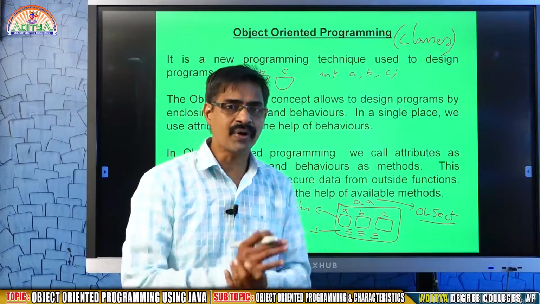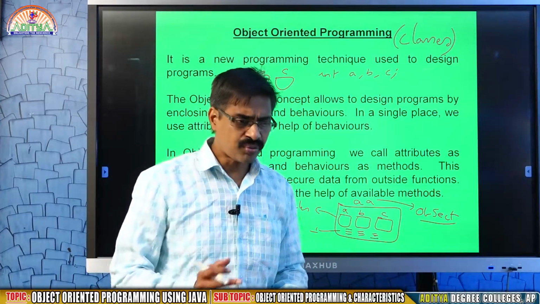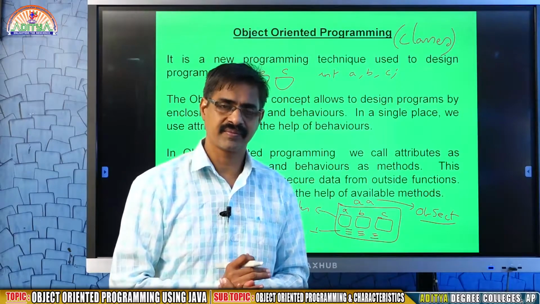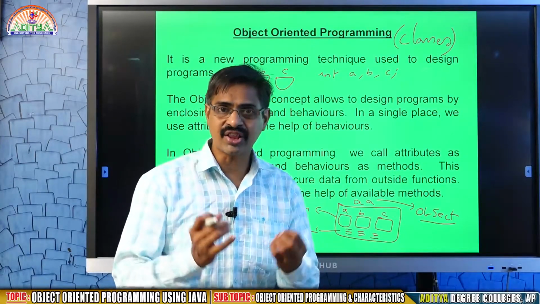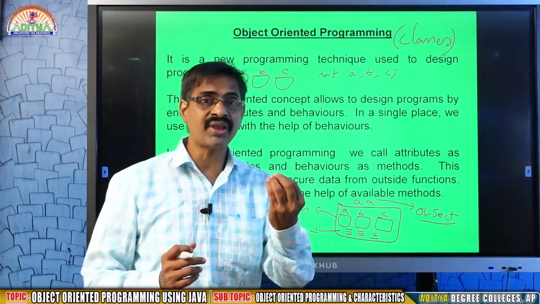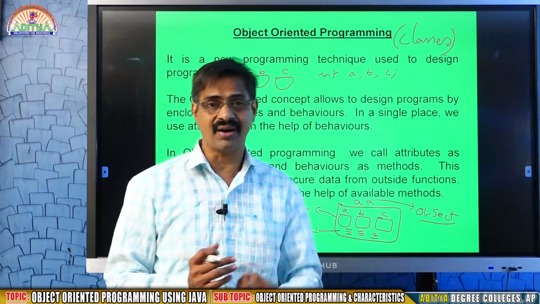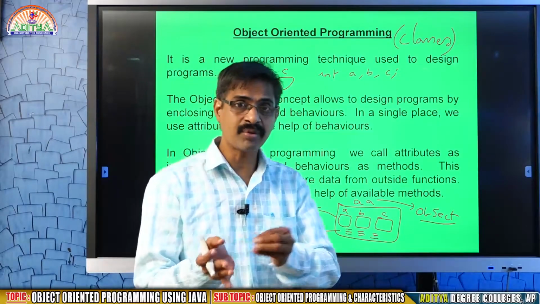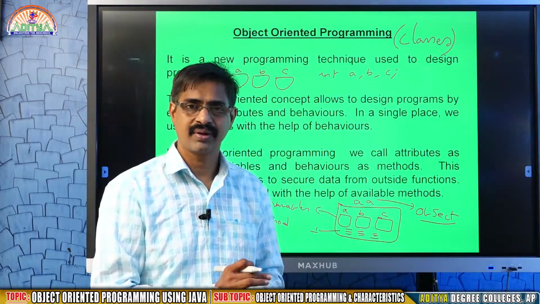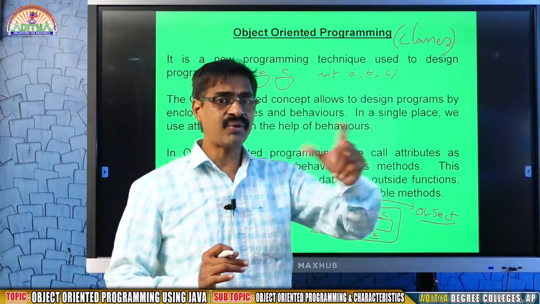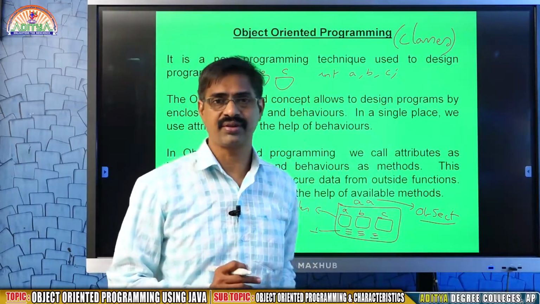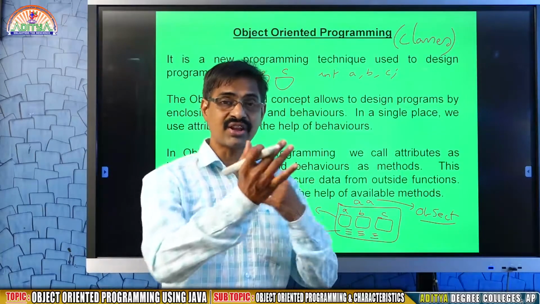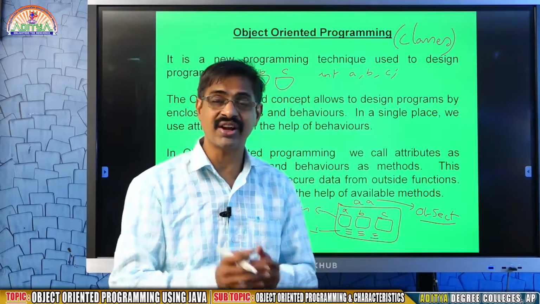Why object-oriented programming? Assume that nowadays you are observing that everything is network based. A network is where we transfer information or data, or share things from one system to another system. In simple terms, we interact with other computers and pass our message to them. This is nothing but exchange of information, that is networks.